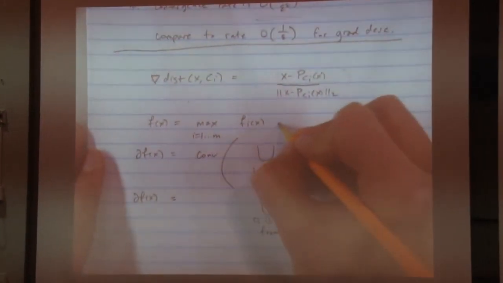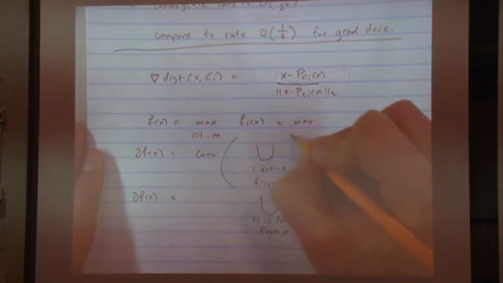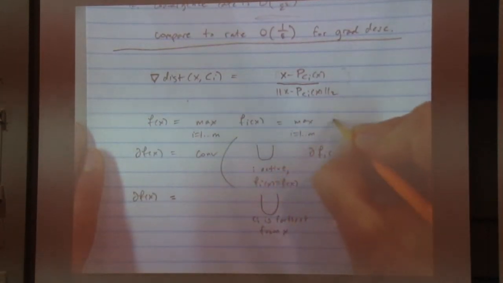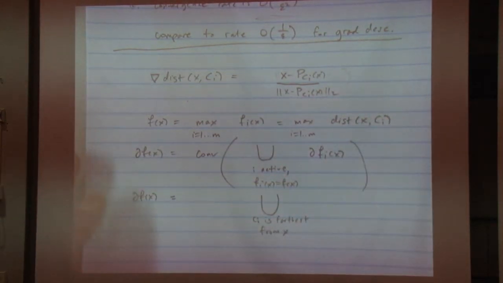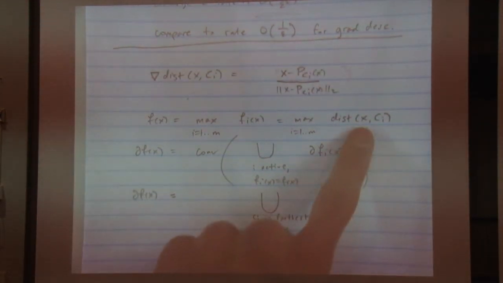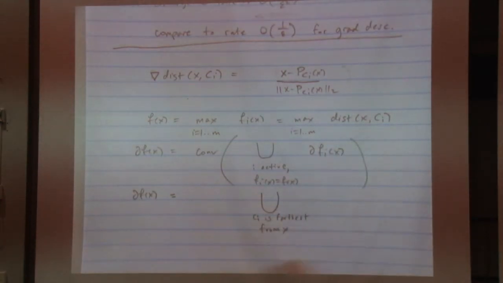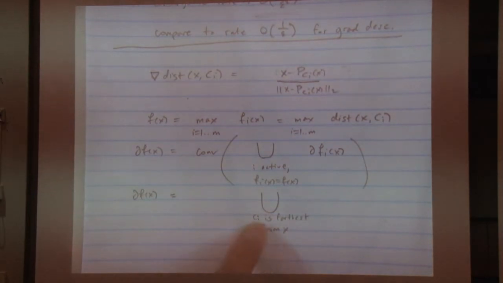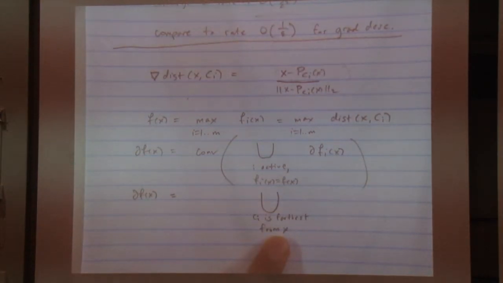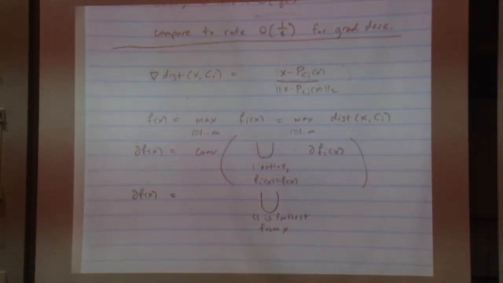Remember, these were the distances of x to C_i. Well, if the maximum is achieved at C_i, it means that C_i is the farthest set from x. So there could be multiple, right? It could be a tie between some sets. That's why it's a union. We look at all the sets that are farthest from x.